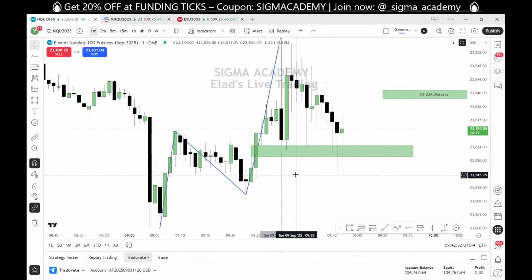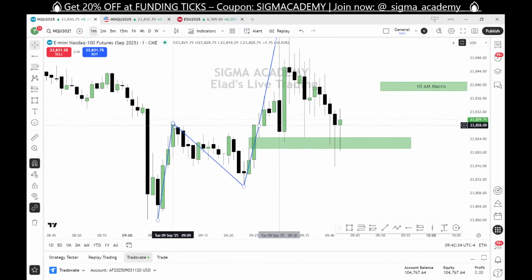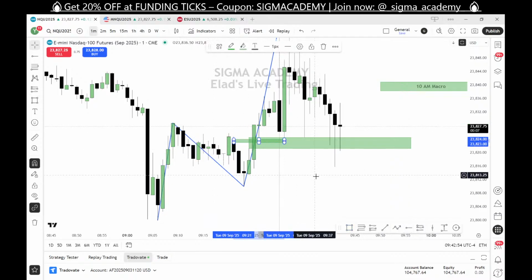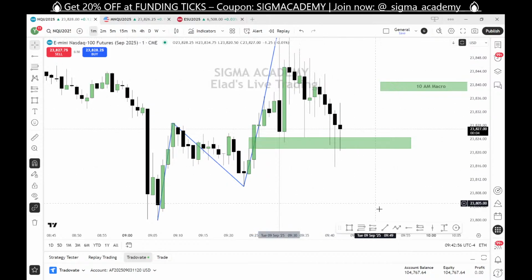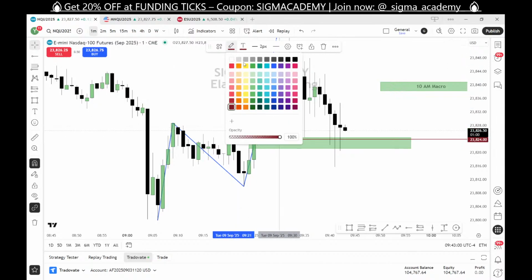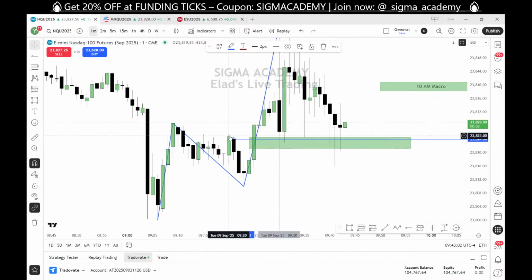We have three things here. This first MSS, market structure shift. We have this breadth. For now it was respected. Show you right. As you can see, second, this is the breath.